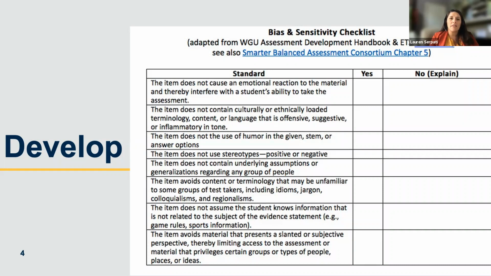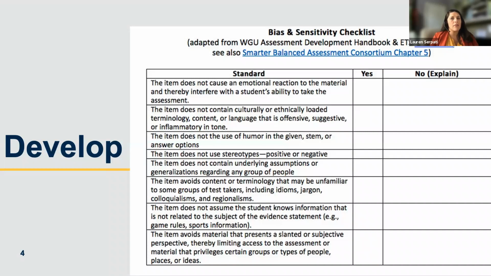You can ask yourself, does the item cause an emotional reaction? Is there something in the item that might cause an emotional reaction for certain groups of people? Does it contain anything that's potentially culturally or ethnically loaded, potentially offensive or inflammatory in tone? Is there humor in the assessment items?